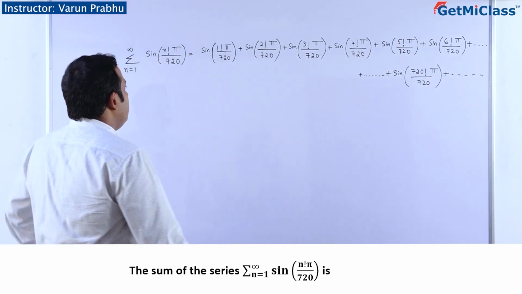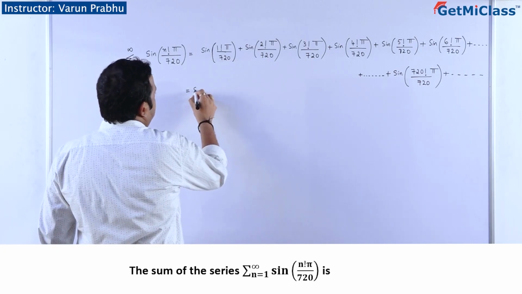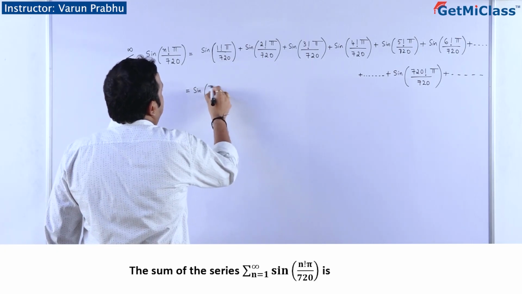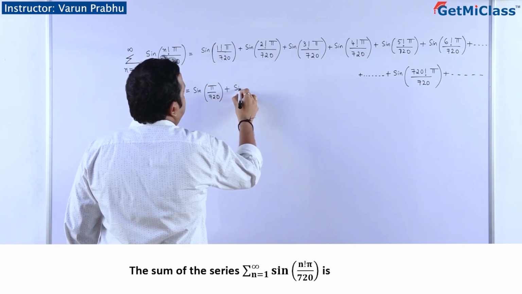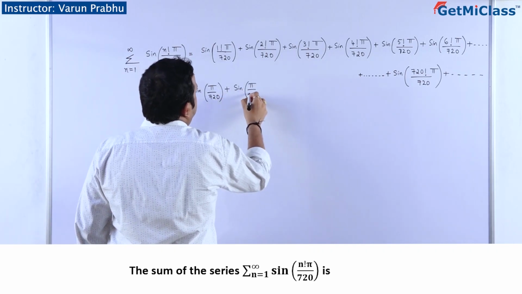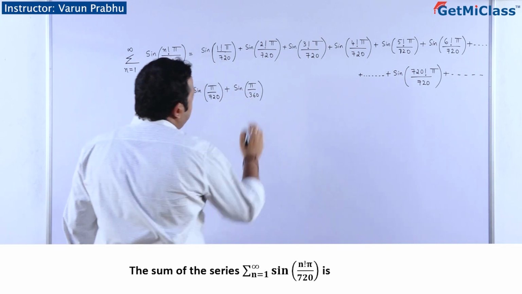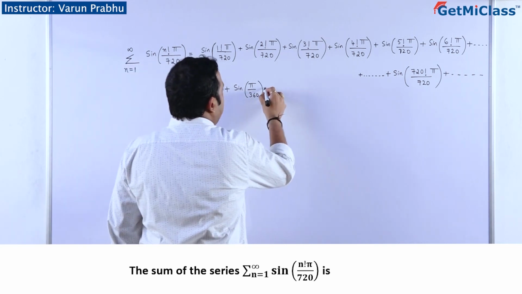Is it right? So we know that 1 factorial is 1. So sine of, I can say, pi divided by 720. This is one value. Sine of pi divided by 360, because 2 factorial is 2, right? 2 into 1. 3 factorial is 6.